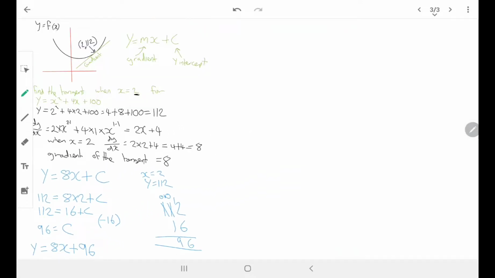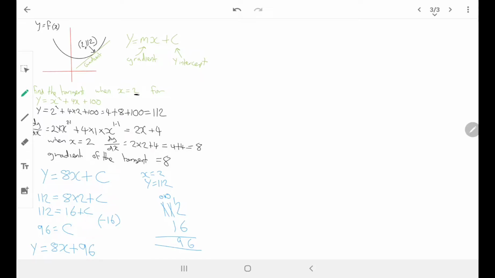So you've got y equals mx plus c, and you've got this equation here, y equals x squared plus 4x plus 100. We then plug in the value 2 into the equation to find out y. We then differentiate it to find the gradient. It doesn't matter which order you do that in, but you've got to find the gradient and the value of y.